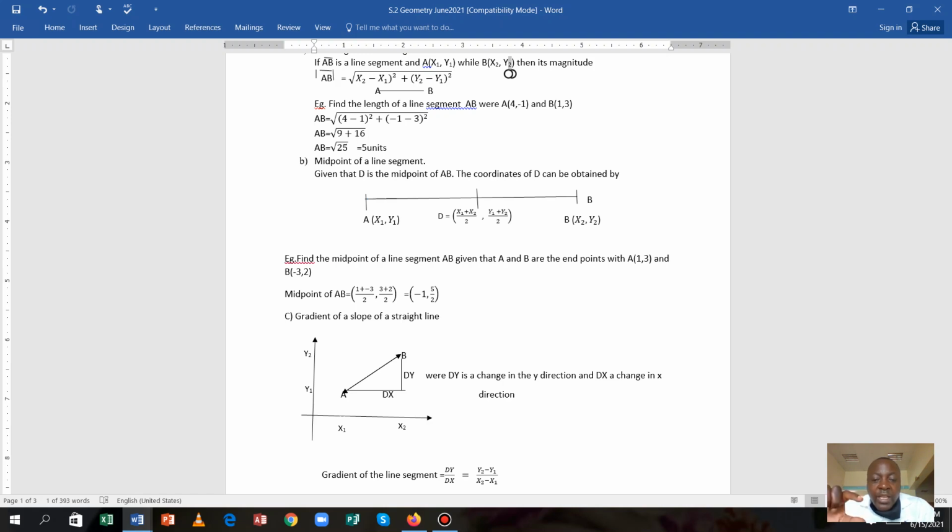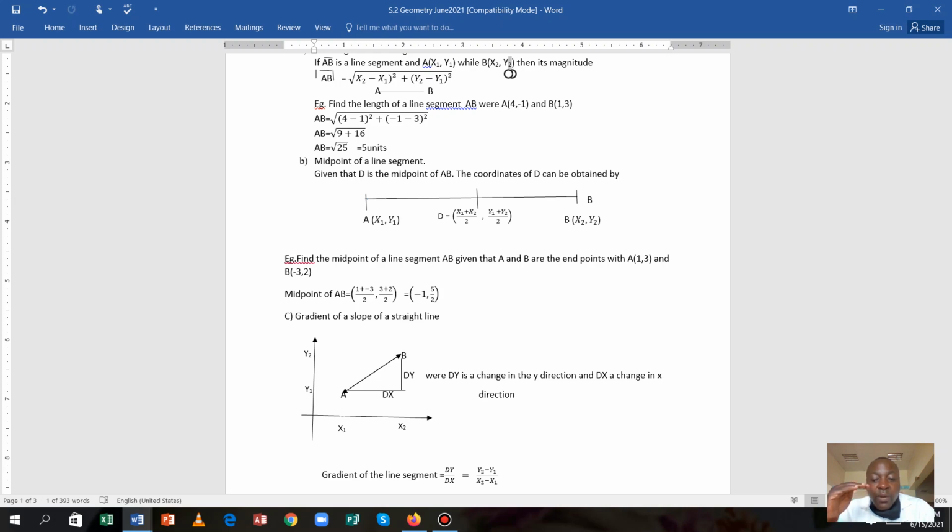So the change in the x direction is what we have denoted by dx, and a change in the y direction is what we have denoted by dy. So meaning, if we are looking for gradient of a line segment, it is a change in y over change in x. Here the order matters so much.